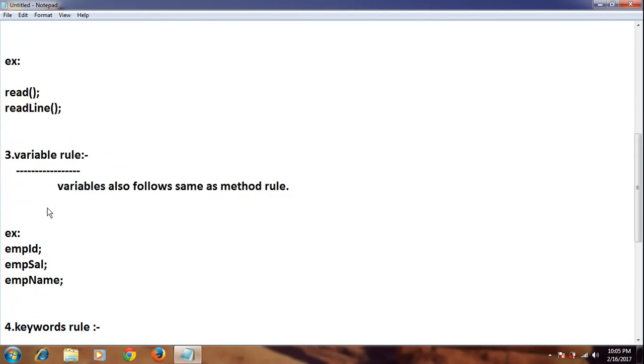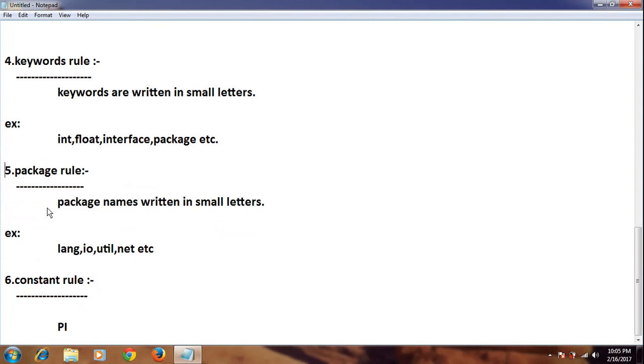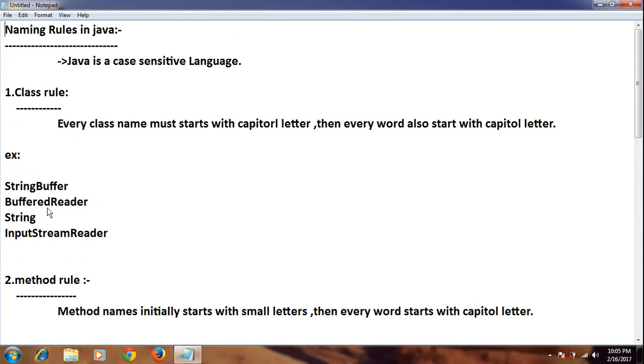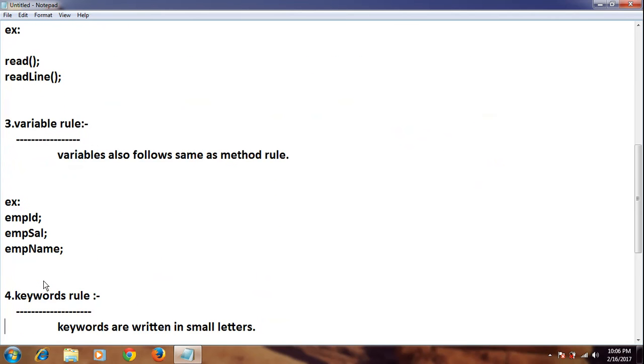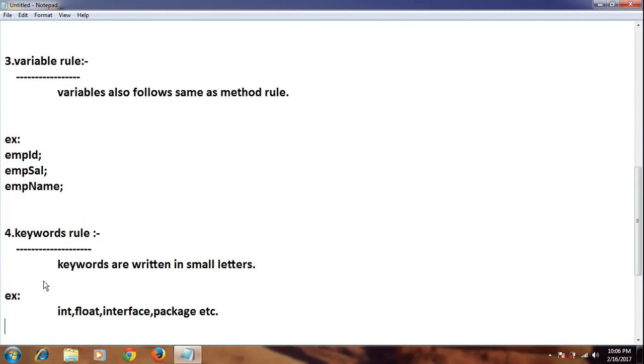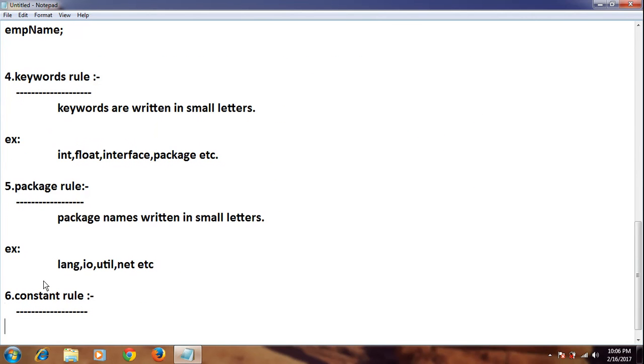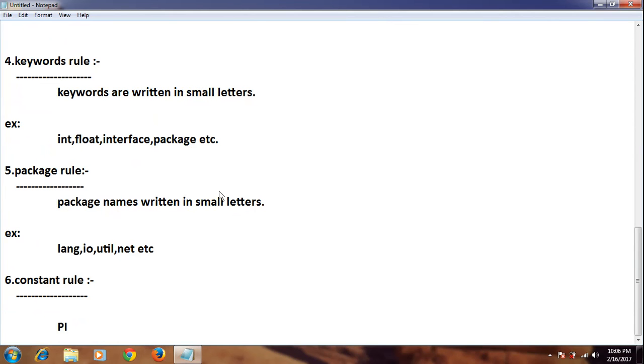Whenever we want to write Java programs, we should remember the six naming rules: how we need to write classes, methods, variables, keywords, packages and constants. This is about the simple concept of naming rules in Java.